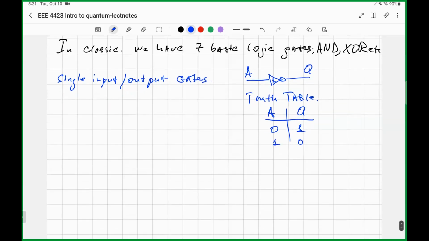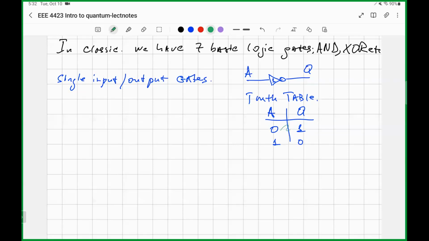A nice and interesting point about this type of classical gates is that it is reversible. For example, if I use it in the opposite way, replacing the input by the output and the output by the input, I still get the same functionality.